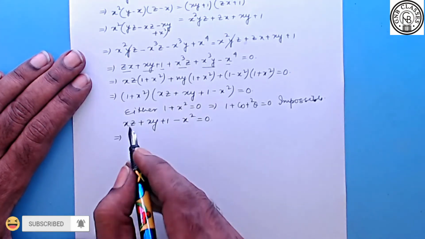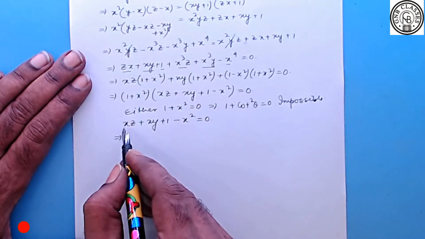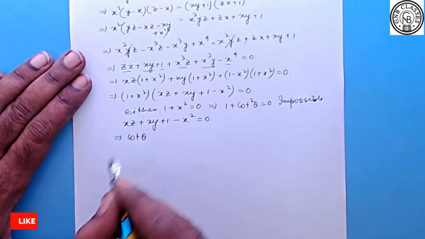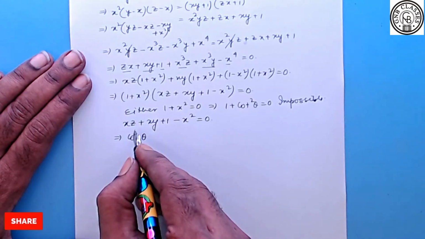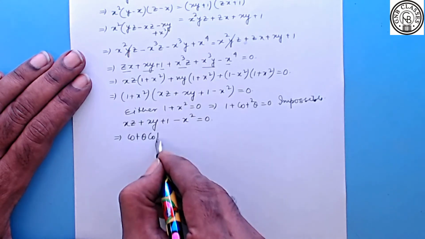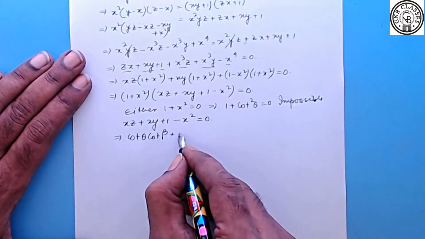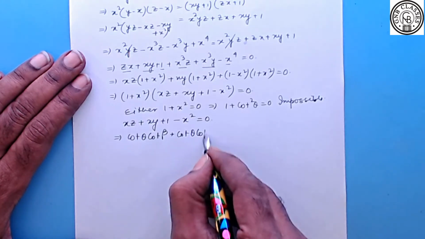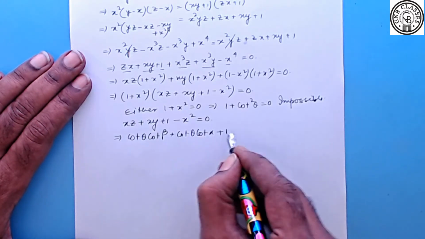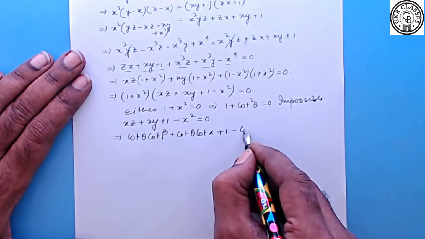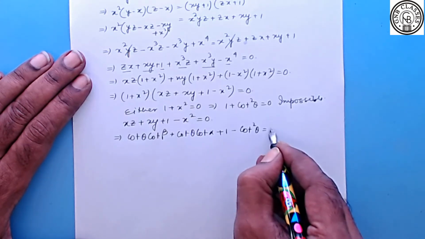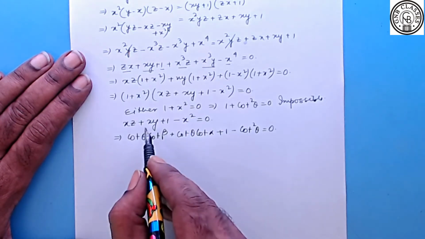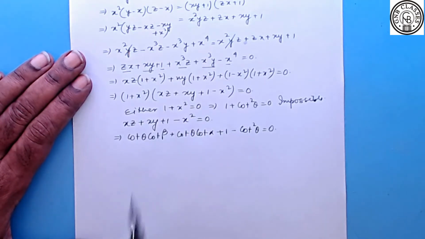Now let me just put the values of x, y and z. X is nothing but cot theta. Z is nothing but cot beta, cot theta, cot alpha plus 1 minus cot square theta equals to 0. Is it clear? I have simply replaced the values of x, y and z.